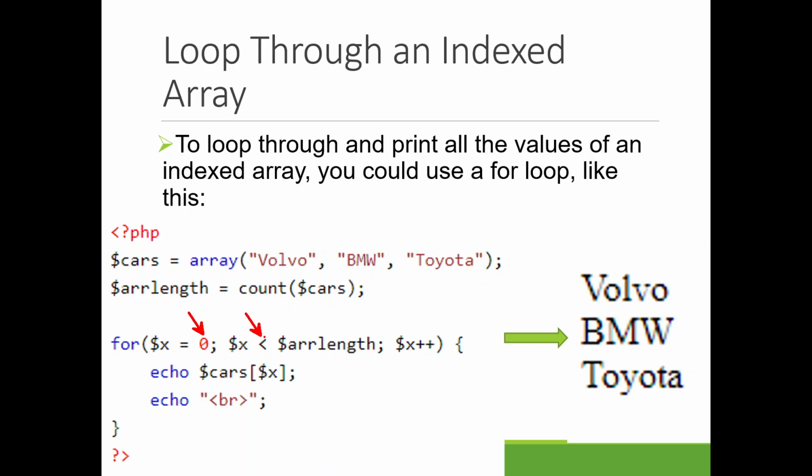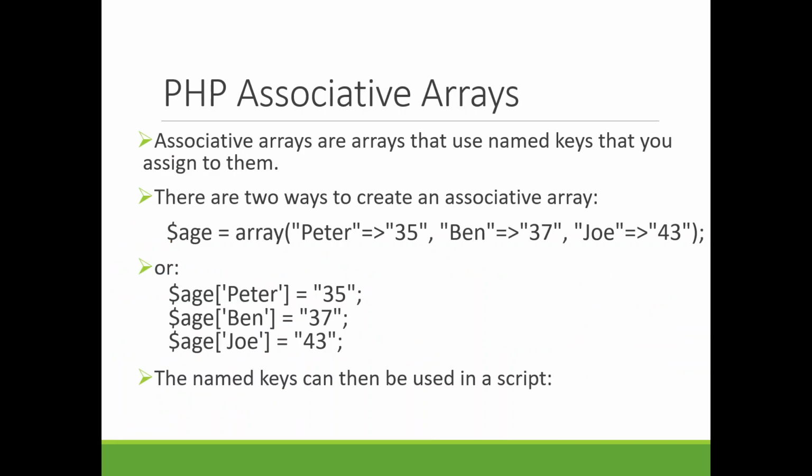So that's why this is always going to be less than. And of course, you must use the updater there in order to update the value of x. Okay, so that is it about indexed arrays.